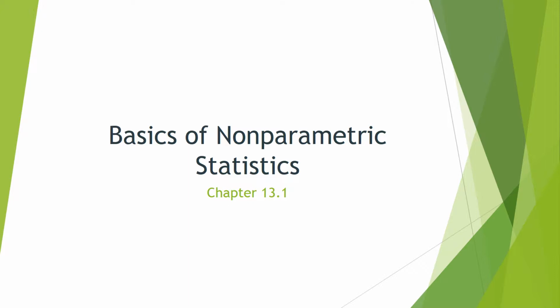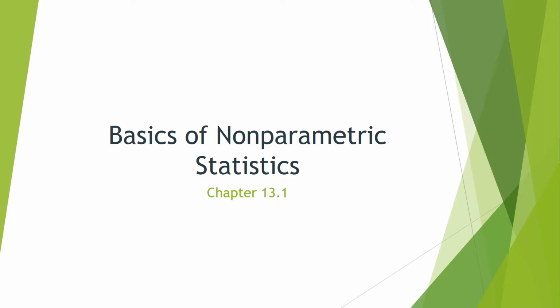Either the assumptions were about the distribution, that the population needed to be normally distributed, or at least approximately normally distributed, or we could use the central limit theorem if we were comparing means, because the central limit theorem says as long as n is greater than 30, the sampling distribution of sample means is approximately normally distributed.